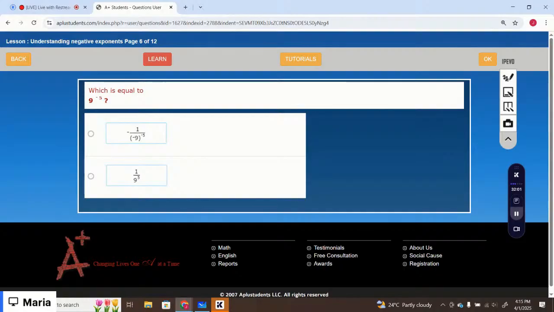Which is equal to 9 exponent negative 5? Option number 2 is the correct option.